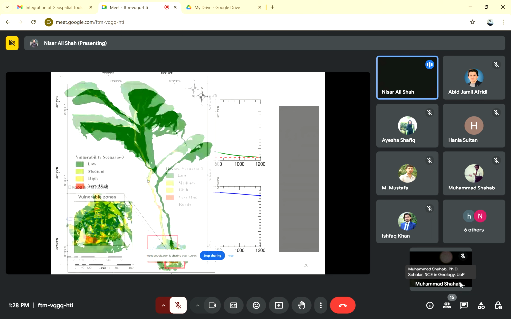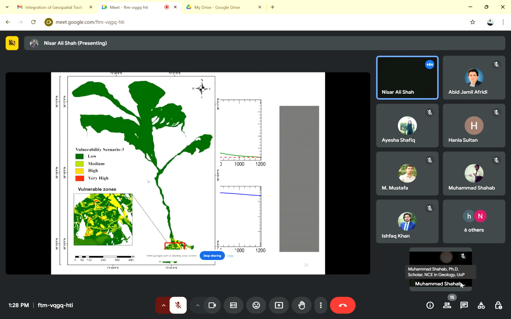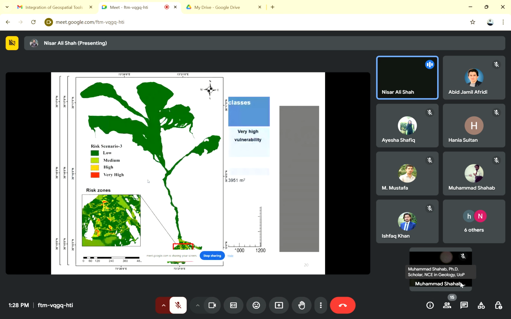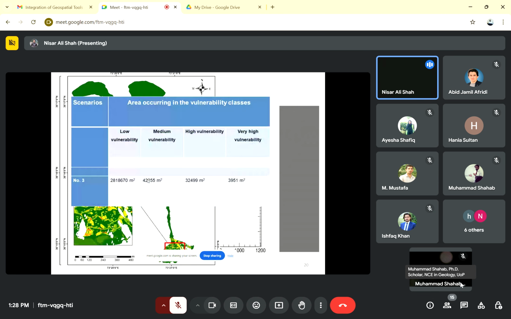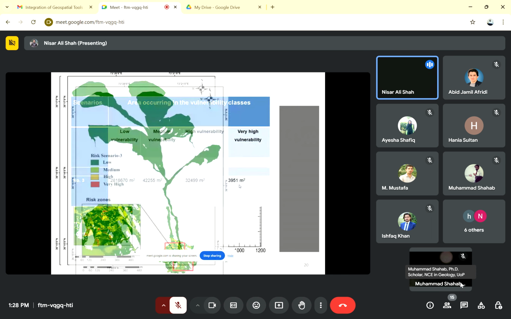This is the vulnerability, this is the risk for the alluvial fan, vulnerability and then risk. So here you can see by categorizing into different vulnerability zones, the vulnerability level with the third scenario has increased to the high level.